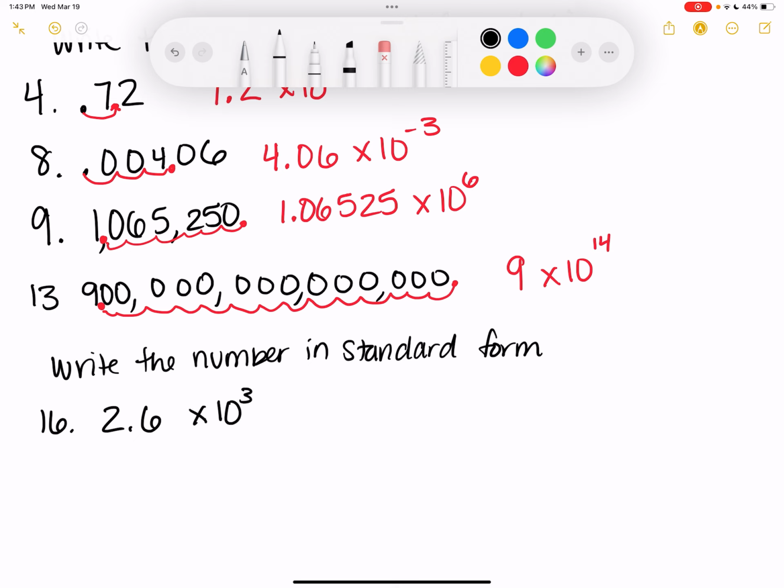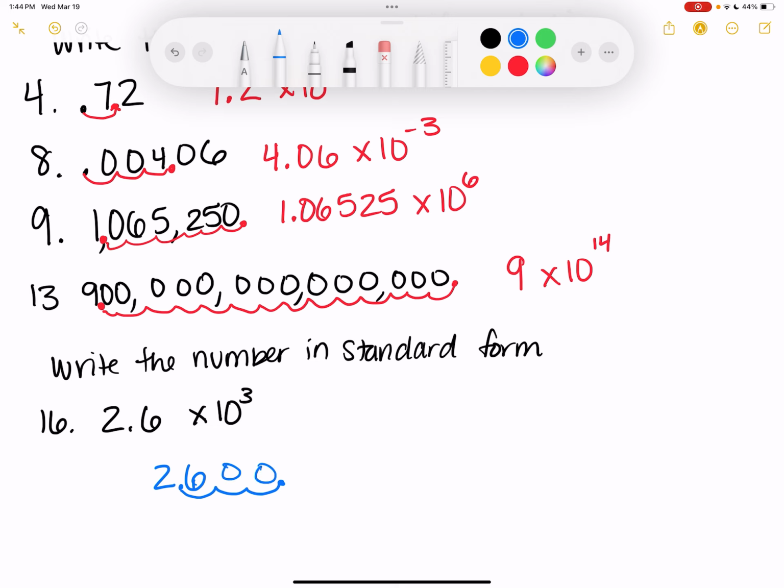I have a positive exponent, so that tells me it's going to be a big number with the decimal at the end. If it is a negative exponent, it's going to be a small number with the decimal at the beginning. Going to the right is positive, going to the left is negative. So I write the 2.6 and move the decimal over 3 spots: 1, 2, 3, put the decimal there, fill in the zeros.